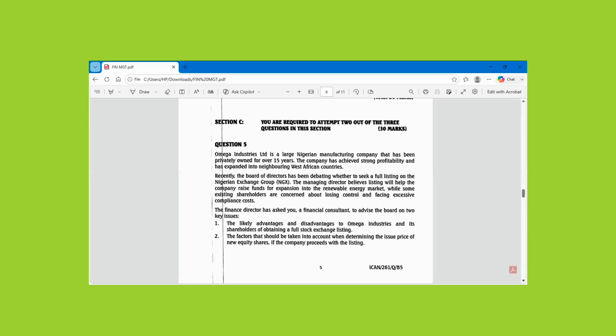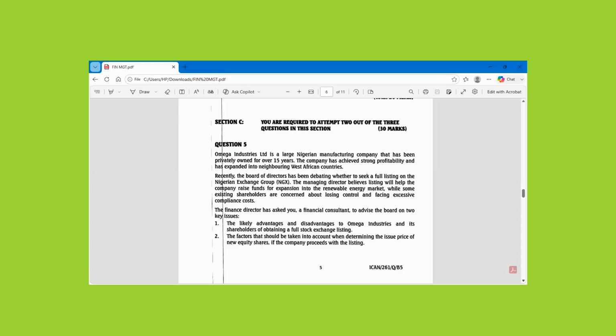Some existing shareholders are concerned about losing control, ownership and control. Once the company becomes publicly quoted, that can affect ownership structure, and facing excessive compliance costs.